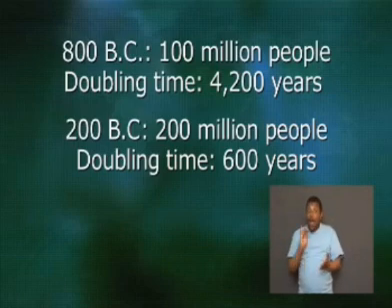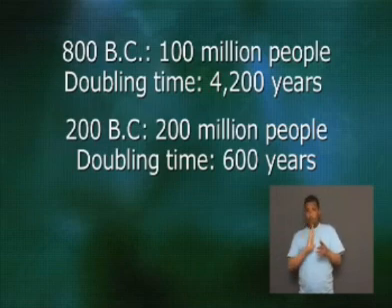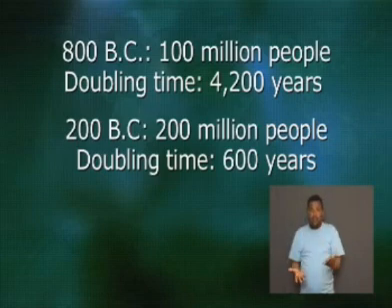By the year 1990, the number of humans had doubled another 5 times, resulting in a population of over 6 billion. Do you know how to calculate doubling time, students? It can be calculated using this formula.